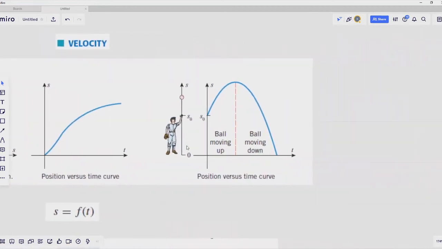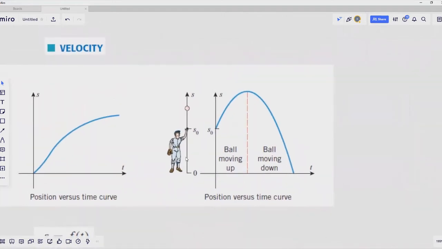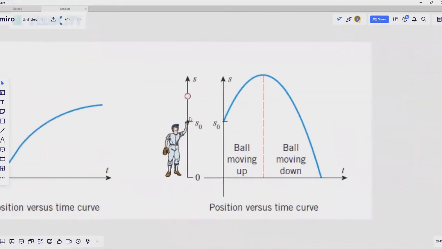Now let's take a look at another case. Let's assume that we have a person throwing a ball, and the ball is in free fall. If we take a look at the position versus time curve, first of all, let's define 0 as the ground and s0 as the point where our person releases the ball up in the air.